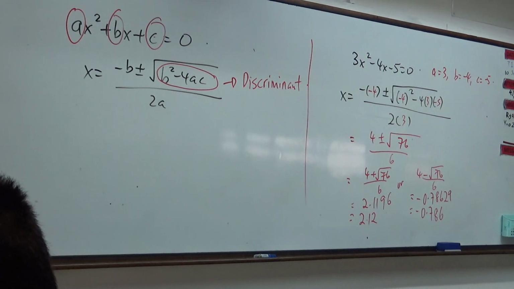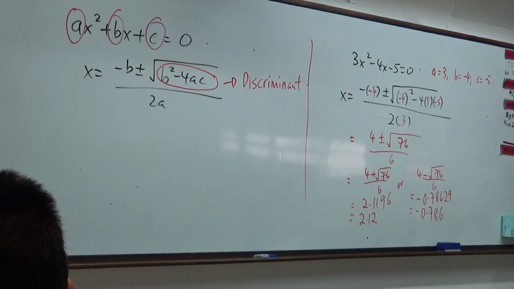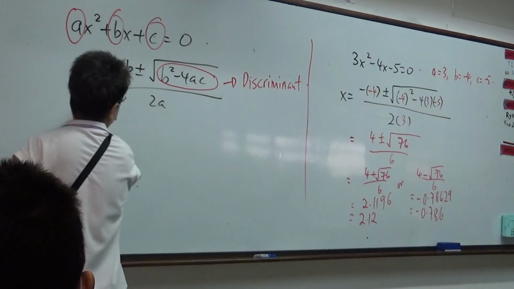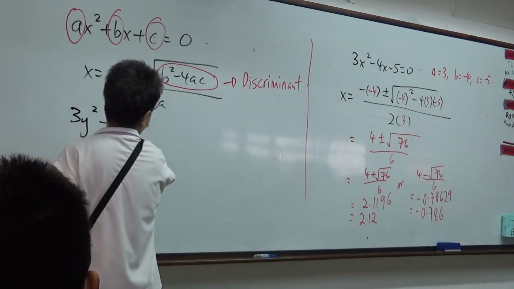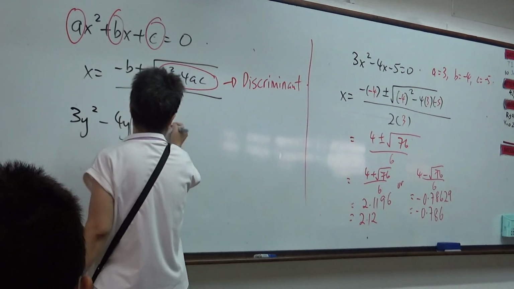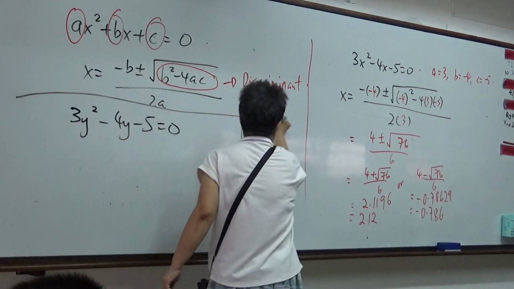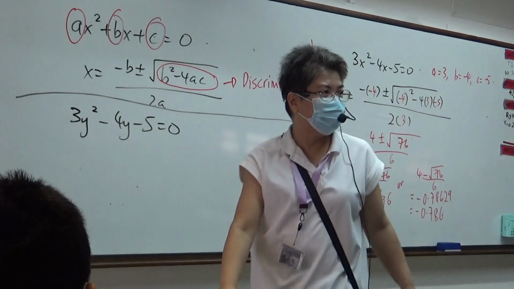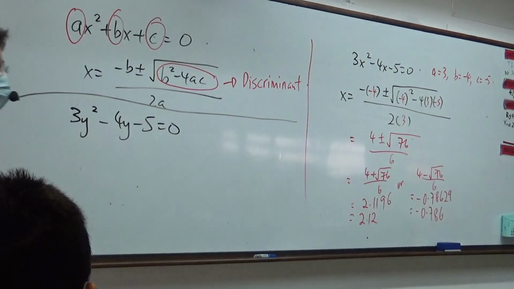Everybody okay so far? Okay, then there are 2 things that you need to take note of. Now, if the question gives 3y squared minus 4y minus 5 equals to 0, and then you solve for y, is it still possible to use the formula?